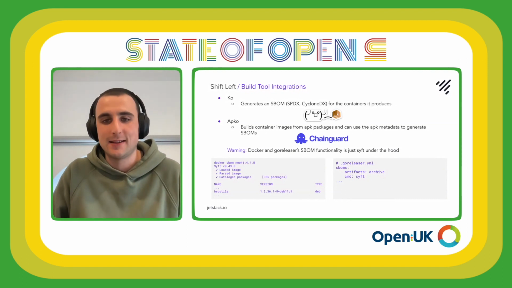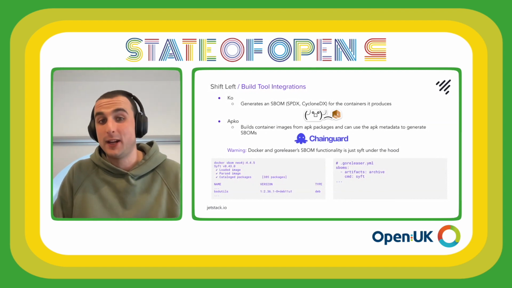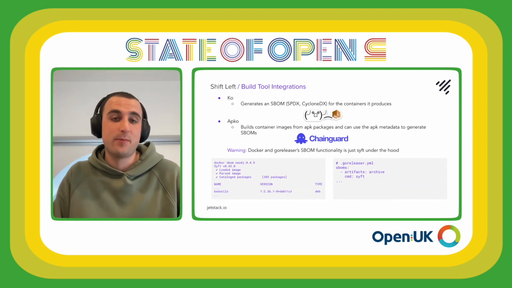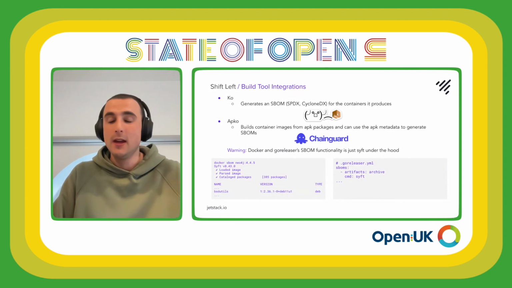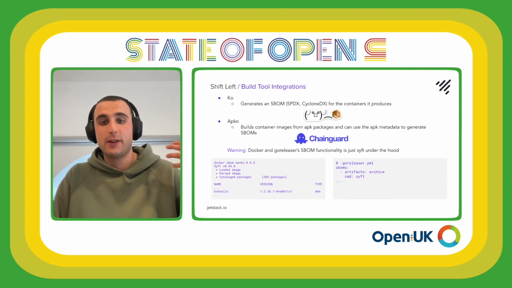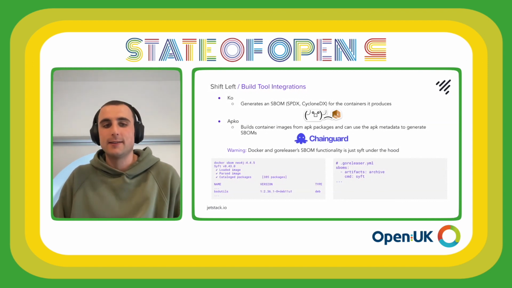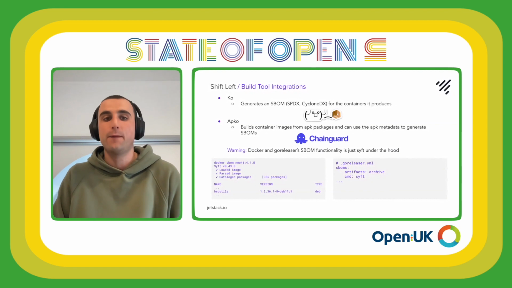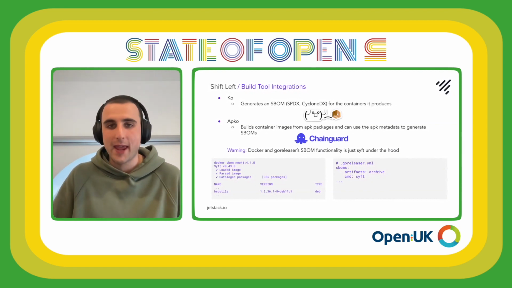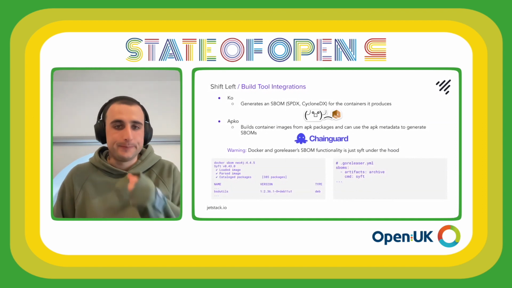So it makes it really easy to go from source code to container image. That generates an SBOM, I believe, by default, and you can configure it to be SPDX format, which is another kind of SBOM format, or CycloneDX, like I showed you earlier, for the container it produces. So that's pretty cool. And that's sort of along the lines of how I would expect things to be in the future. I just build my thing, and the build system knows that I want an SBOM for it.